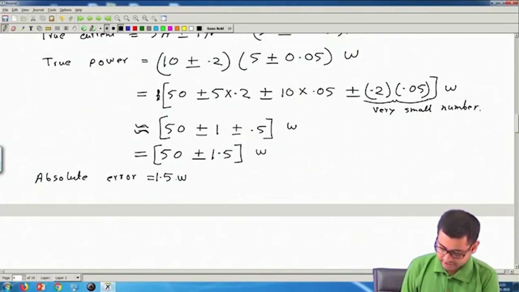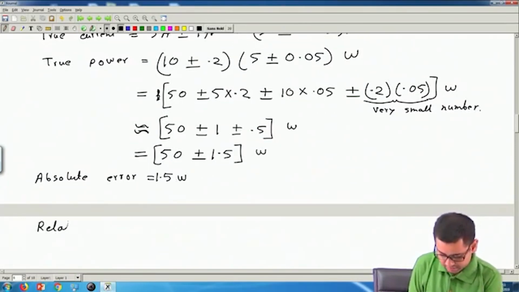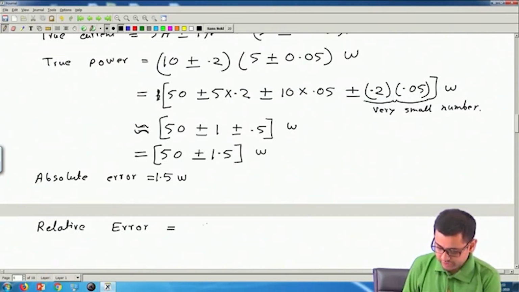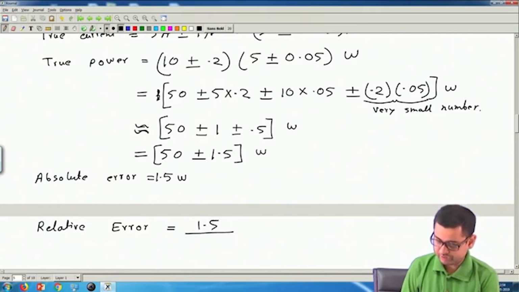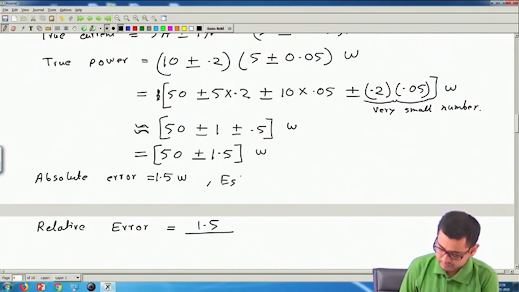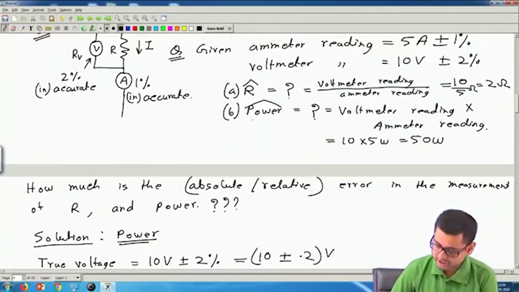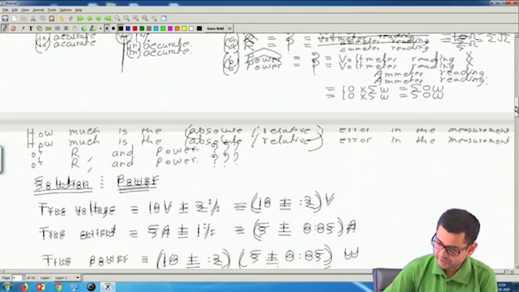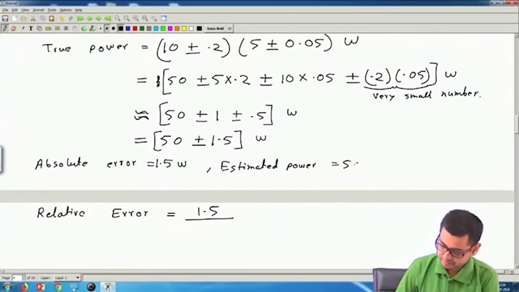Okay, and the relative error will be how much? So this will be the absolute error 1.5 divided by the estimated value. Now our estimated value will be how much? 50. Okay, because the estimated power, we have done it before, is the voltmeter reading times the ammeter reading, which is 50 watt.